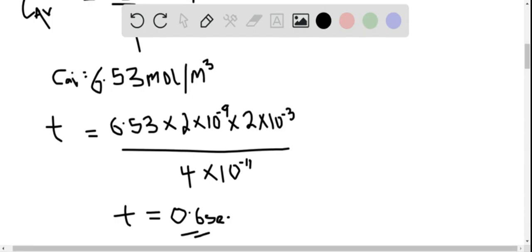So the estimate of the average time is 0.6 seconds.